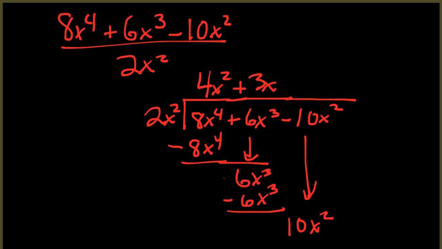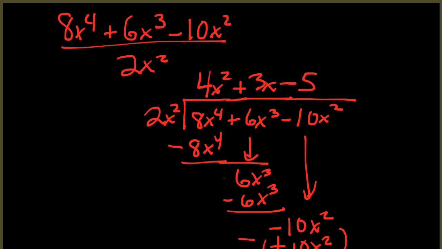I'm going to multiply 2x squared by plus 5. Oh, that was a negative 10x squared, so I'm going to have to multiply it by a negative 5. So what I get is negative 10x squared. And then, of course, I have to subtract the entire thing, so that turns that into a positive, and I'm left with a 0.